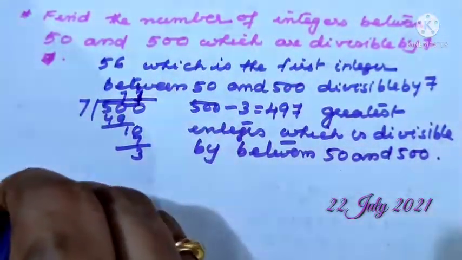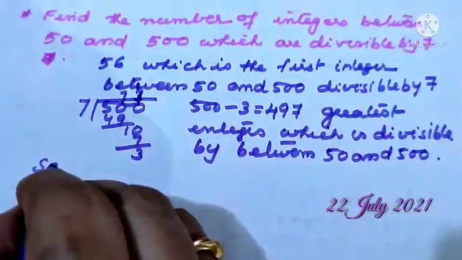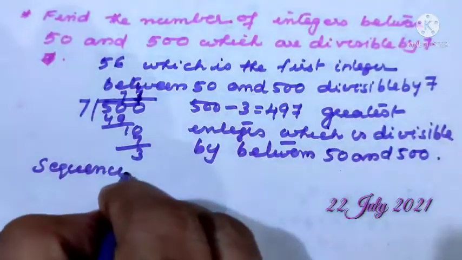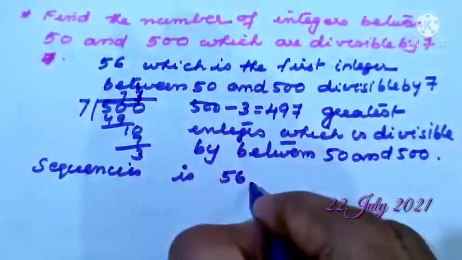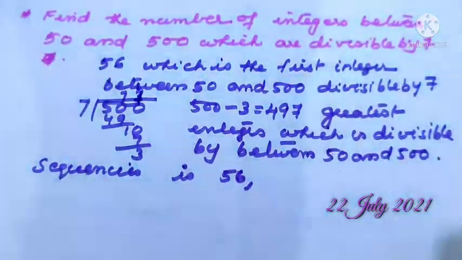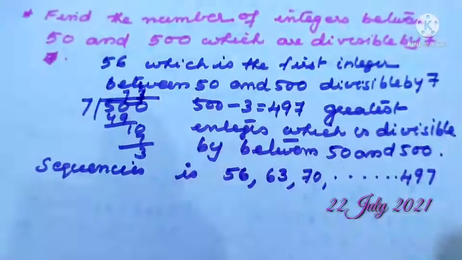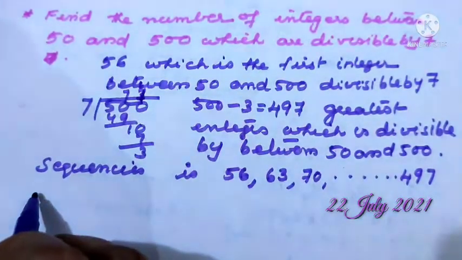So the sequence we can write, not AP now, sequence is 56. Next, what is the number? 56, 63, 70, etc. 497, which is divisible by 7 only. It is an AP.